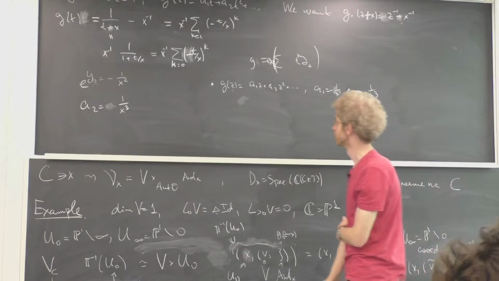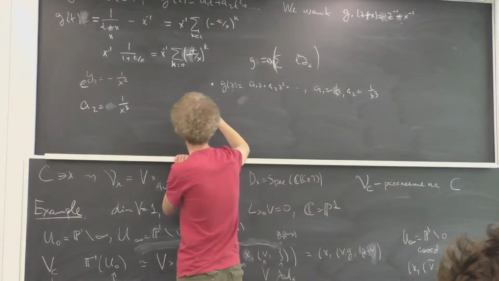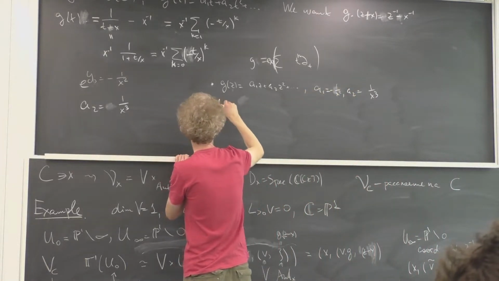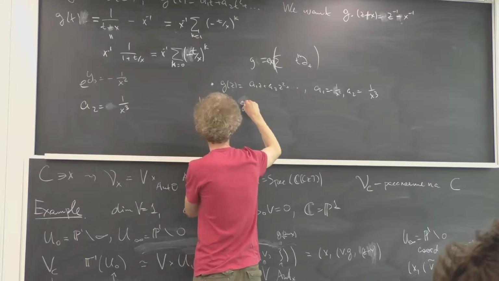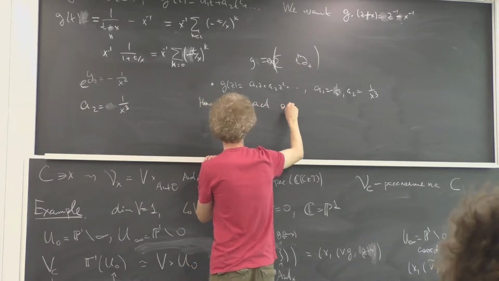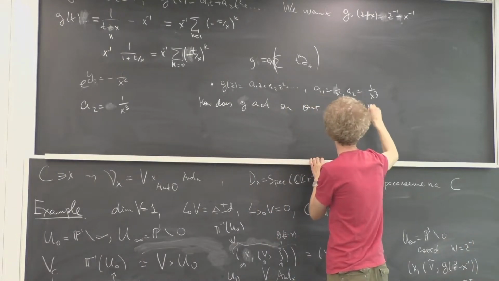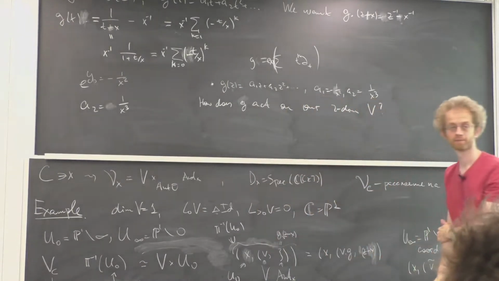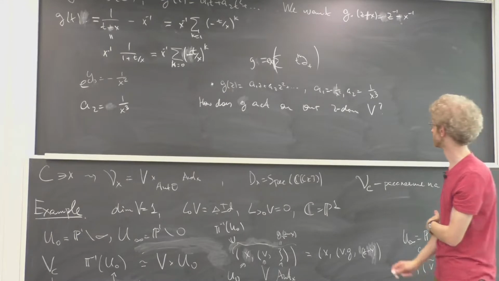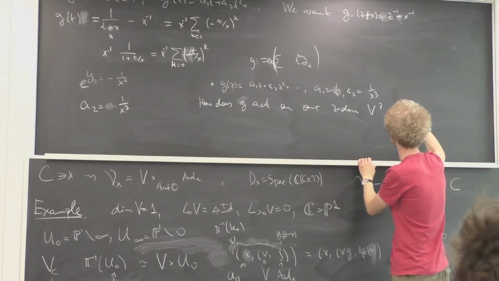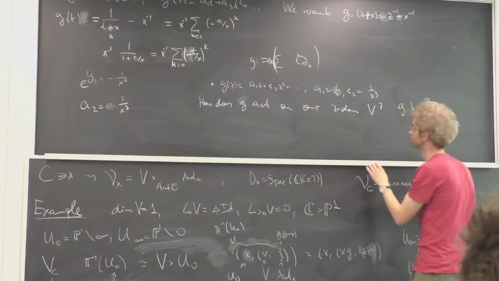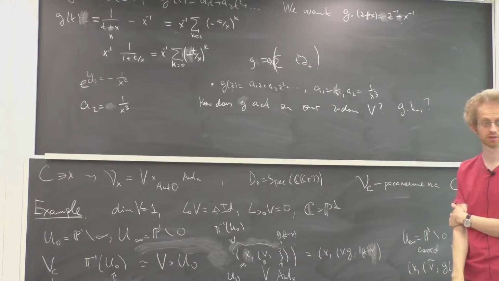Now, we want to ask how does G act on our two-dimensional V. More precisely, what is G applied to H minus 1? Yes, this is our question.